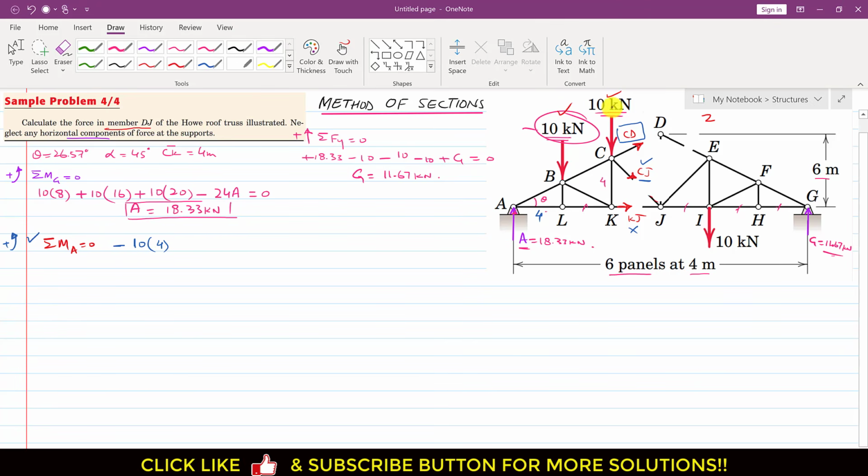Similarly, this other 10 kilonewton force is producing a clockwise moment, so again minus 10, and its perpendicular distance is 4 plus 4, so this is 8.